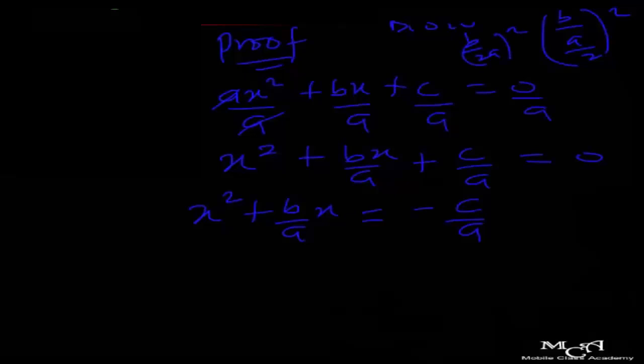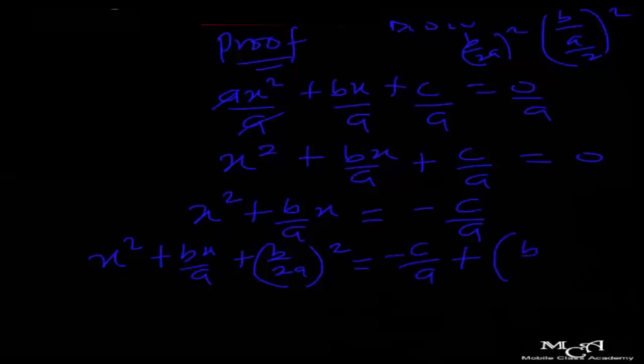So I now have x squared plus bx over a plus b over 2a all squared is equal to minus c over a plus b over 2a all squared.